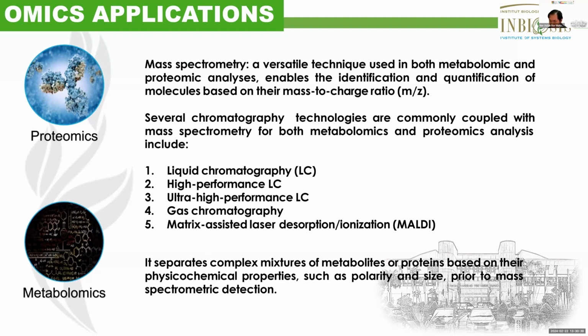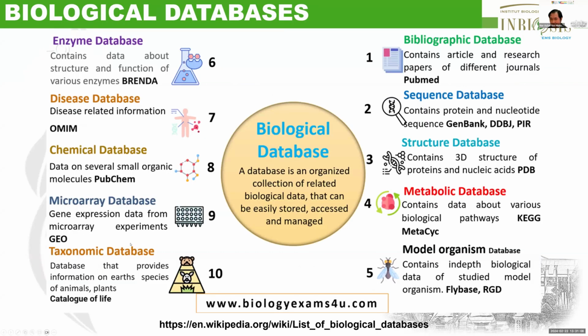Basically, the way it works is by separating complex mixtures of metabolites or proteins based on their physicochemical properties such as polarity, size, and mass spectrometric detection. So this is a bit different. That's why in these two omics there is really rapid development in identifying proteins and metabolites, because it's not directly like sequencing.